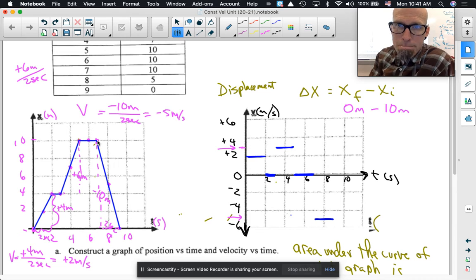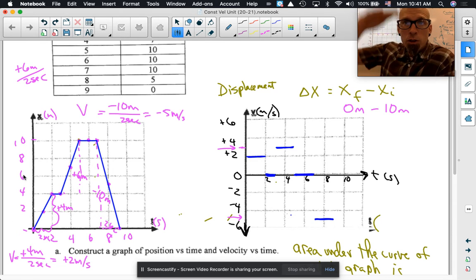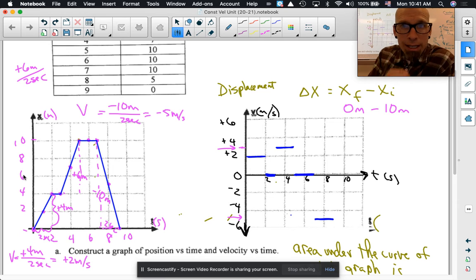Okay? I hope you're seeing this right here, the final minus the initial, it's always going to work. But I hope you see that when you look at the position time graph, when you look at how much the position changes or goes up and down during a segment of time, you can see it right on the graph. We already figured those out. During the first part, how much position change was there? Positive 4.